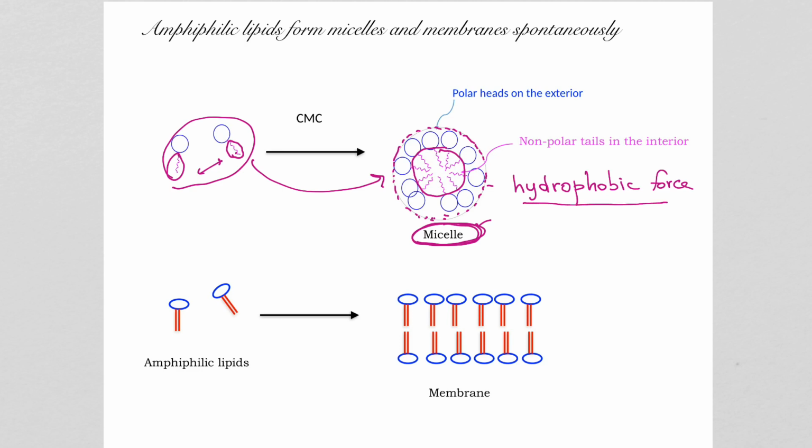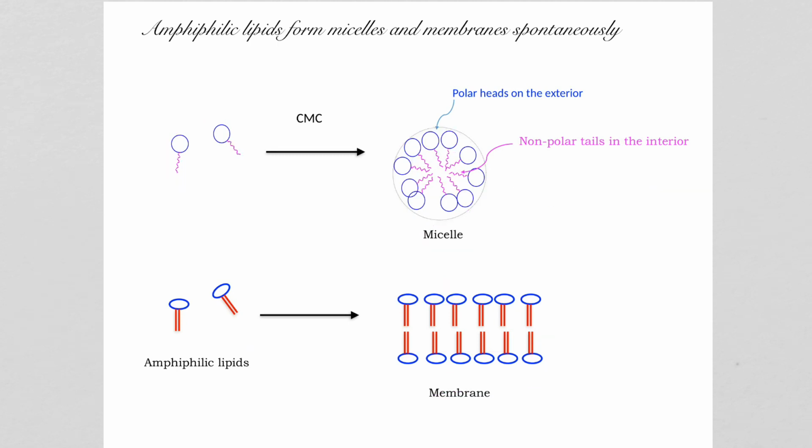In a similar logic, that's why amphiphilic lipids can form membranes very well, because the water simply has to be on the outside and all the hydrophobic tails are gathered inside, just like what you see here. So membranes and micelles are low energy, stable structures. This is a very, very important concept.